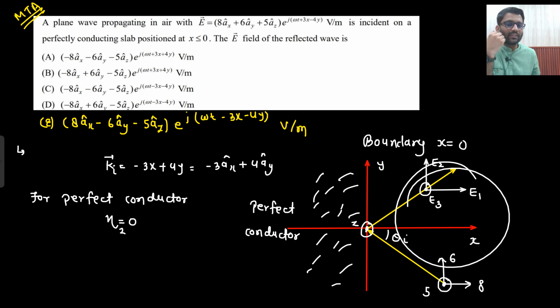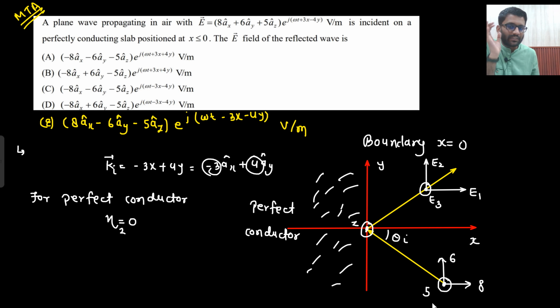The beta value will not change. What is your KI? KI is minus 3ax plus 4ay. So 3 and 4 will not change. Just take care of the direction. For the incident wave the direction was minus x and plus y.